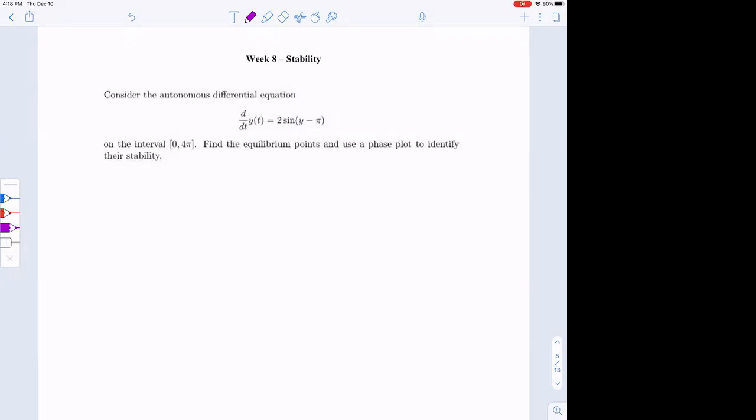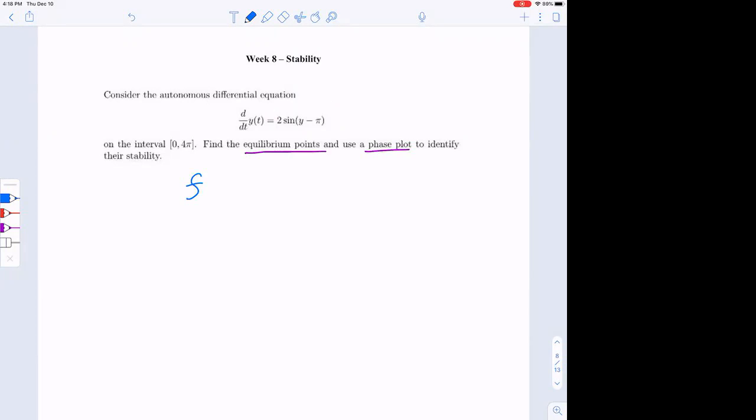It says we're supposed to find our equilibrium points and then use a phase plot to identify their stability. To find the equilibrium points, what we want to do is set the right-hand side equal to 0.